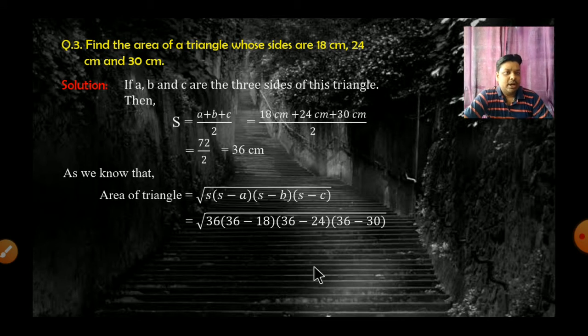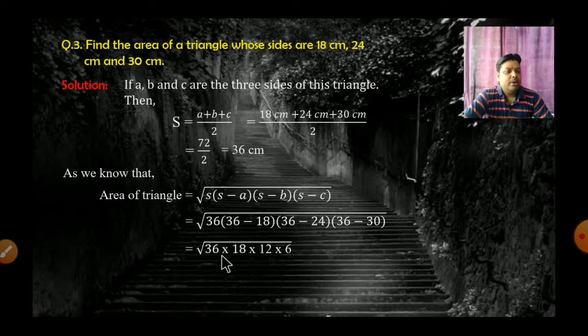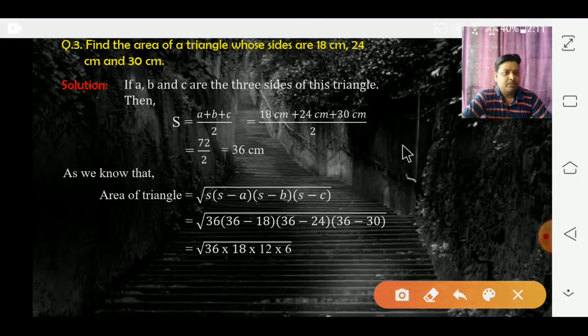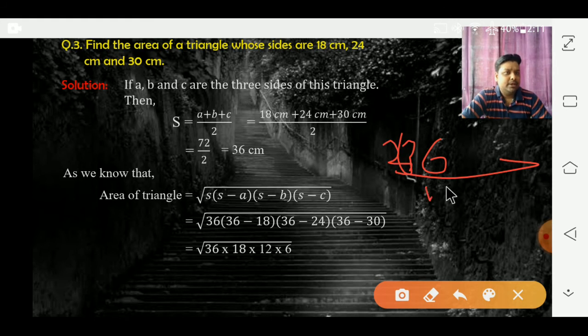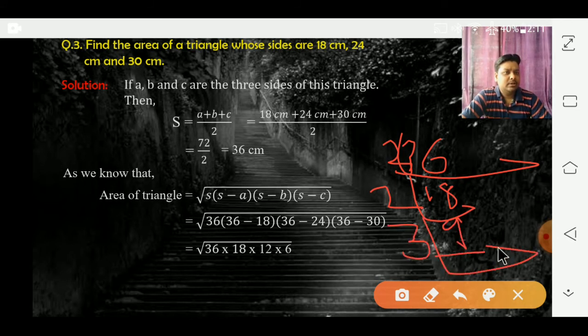So at first we can write 36, 36 minus 18 is 18, 36 minus 24 is 12 and 36 minus 30 is 6. Now we will find the prime factor of each number. It means 36, 18, 12 and 6. If you will find the prime factor of 36, then what you will get? 2 18s, then 2 9s, then 3 3s.